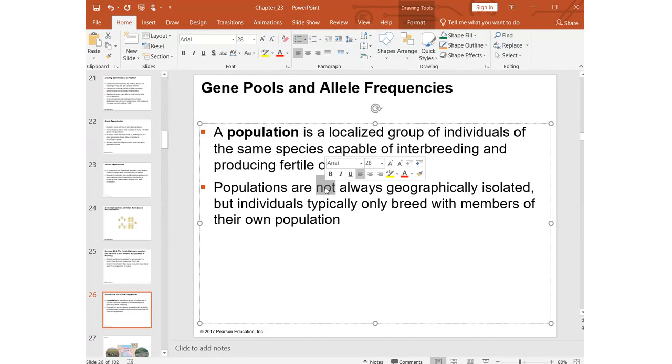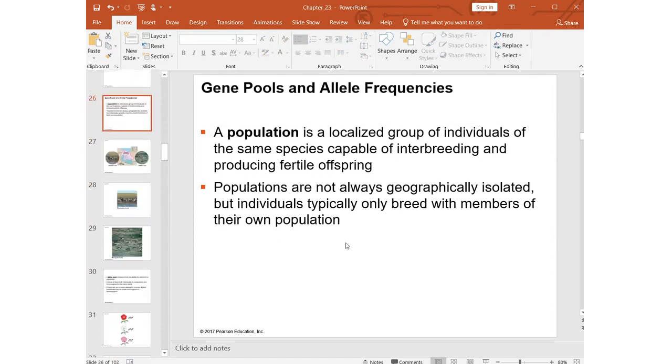Populations are not always geographically isolated from other populations of the same species, but individuals typically only breed with members of their own population. So there could be a number of separate populations of the same species.